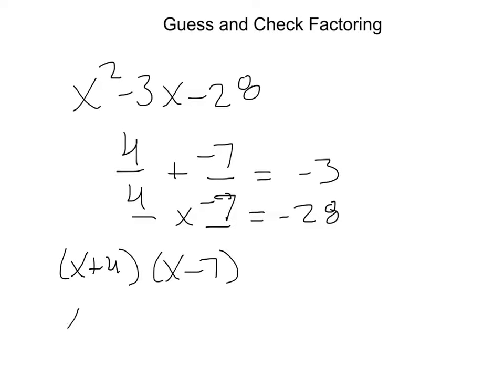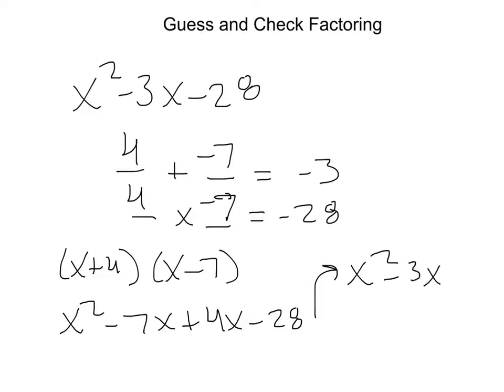We multiply these back together and we get x squared minus 7x plus 4x minus 28. Then we add those together and we get x squared minus 3x minus 28.